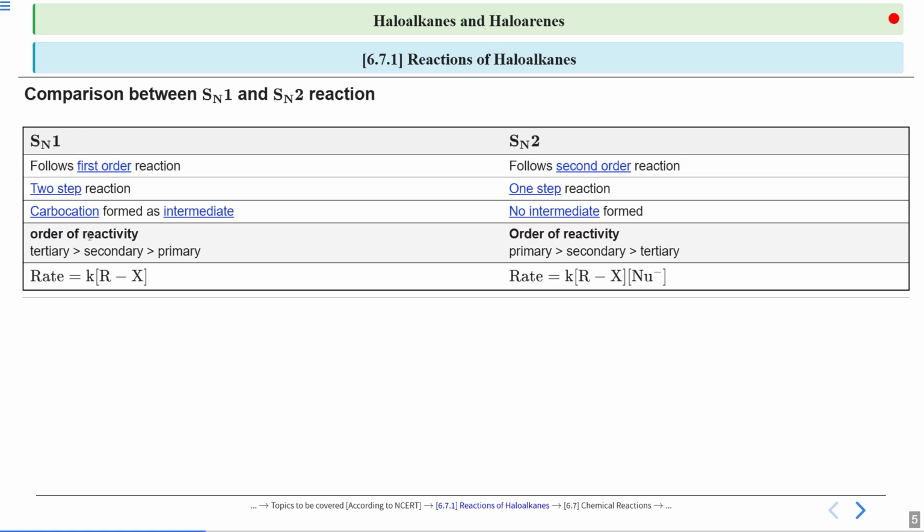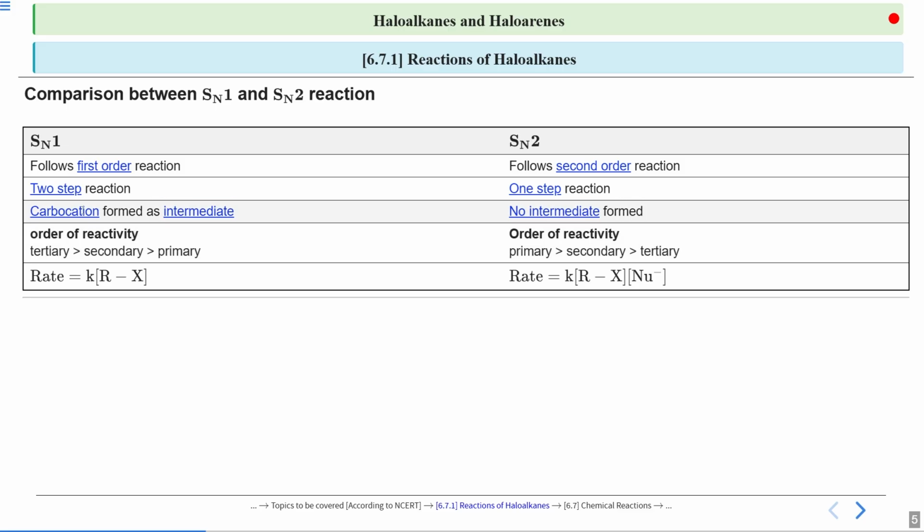For the SN1 reaction, the order of reactivity is from tertiary to secondary to primary, right? That is, from the tertiary carbocation to the secondary carbocation to the primary carbocation.